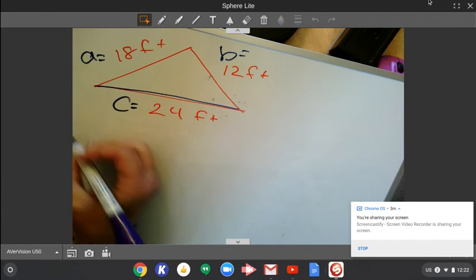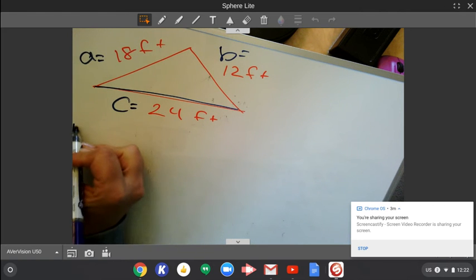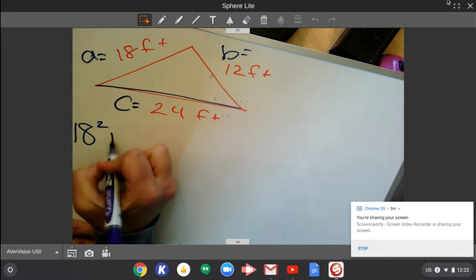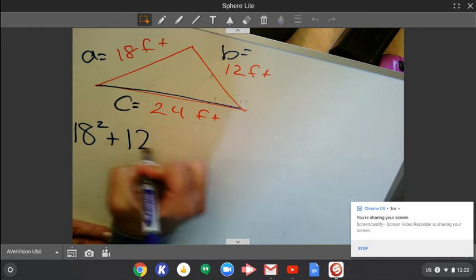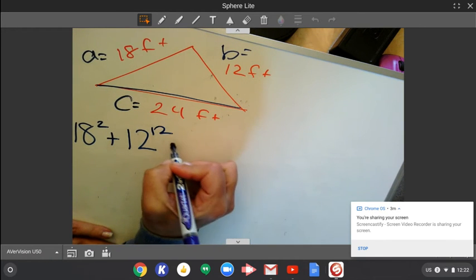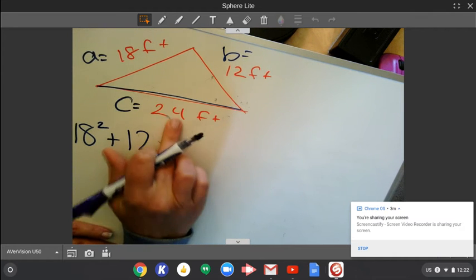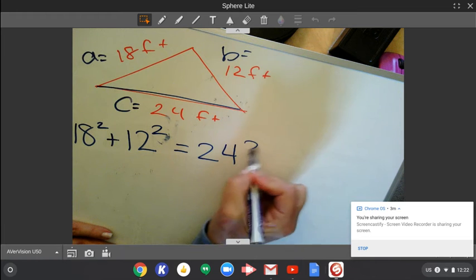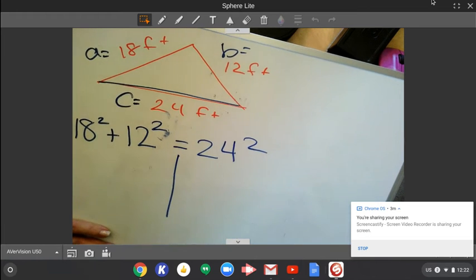Okay, so now I'm going to write out the Pythagorean theorem. A squared, 18 squared, plus B, 12 squared. Sorry, 12 squared equals 24 squared. Pretty simple.